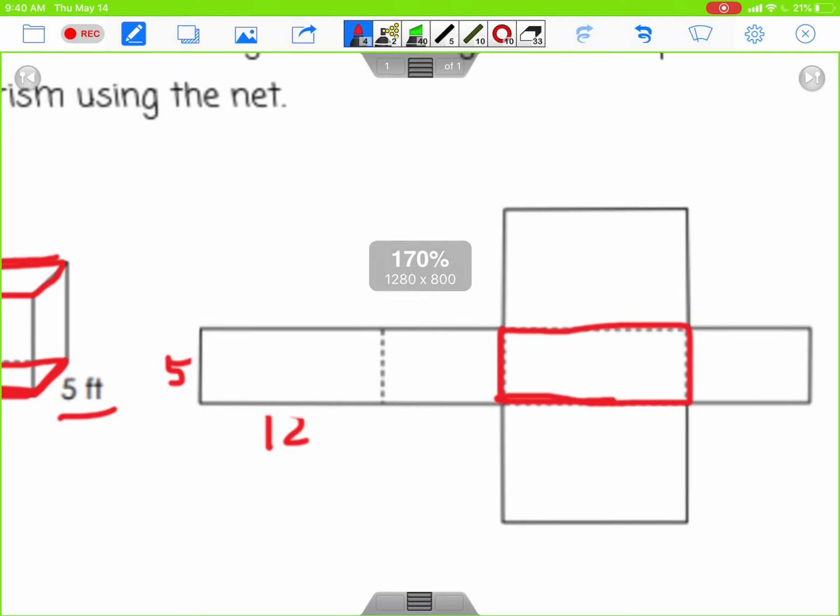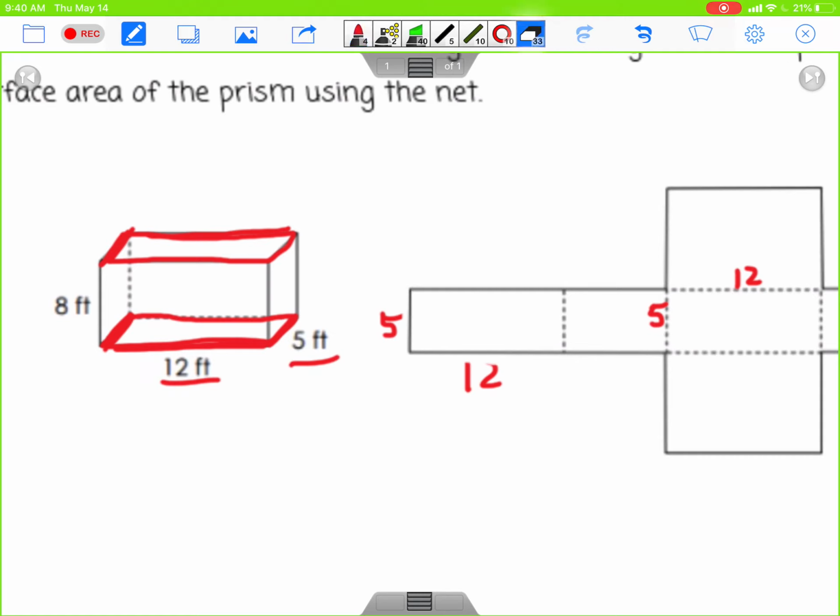Once I have that, I know that is also going to be a 5 and a 12. Okay, 12, 5. Pretty straightforward. Now we have 2 of our rectangles down.